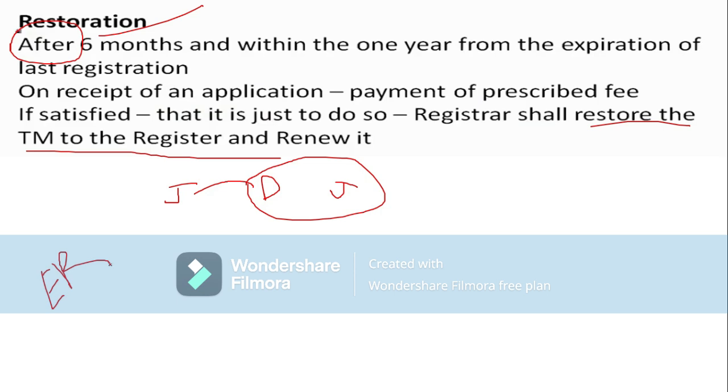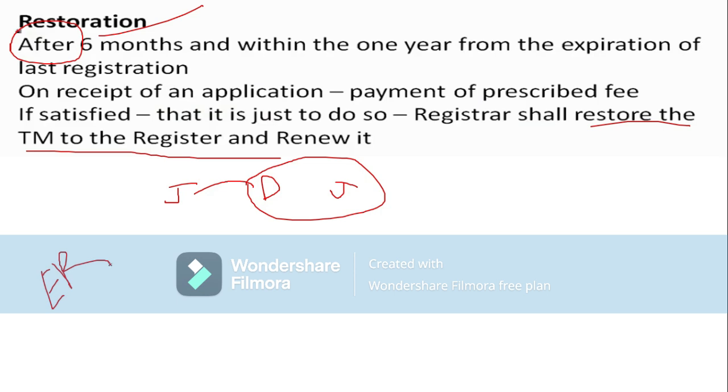The owner can use the same trademark for all other products falling under the class or classes specified in the application, and the proprietor has exclusive ownership of the trademark and can restrict others from using it in the classes in which it is registered.